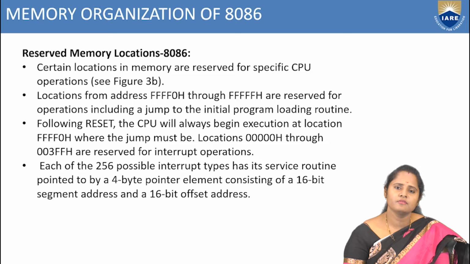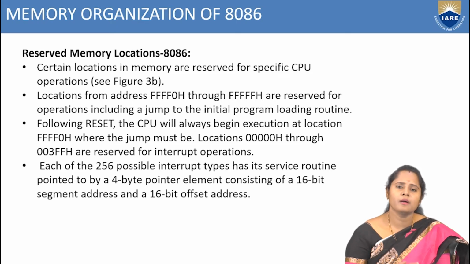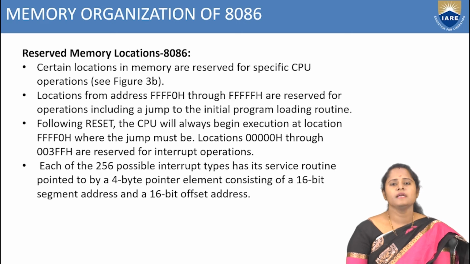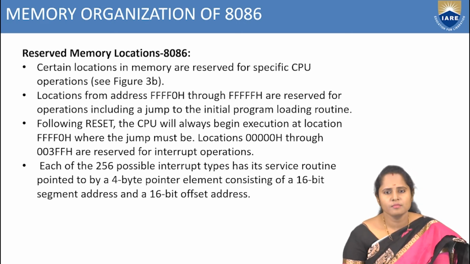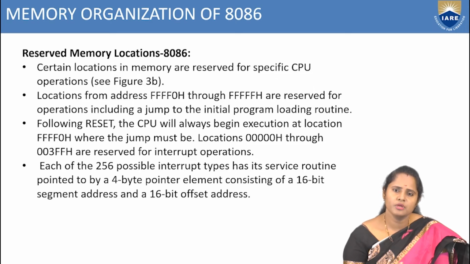We have blocked that memory for a particular application, like the data segment accessing only data, and the code segment accessing only code. You have fixed that memory location for some particular data, where whenever you need to store that kind of data, you store it there only. So like that, we have reserved memory locations.